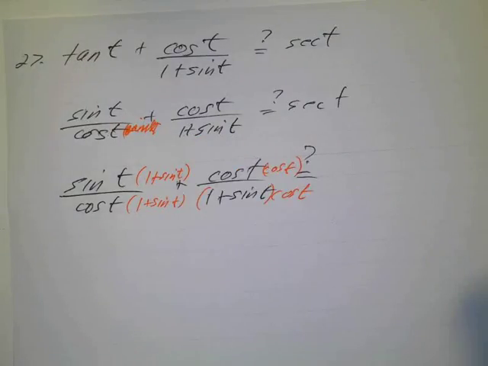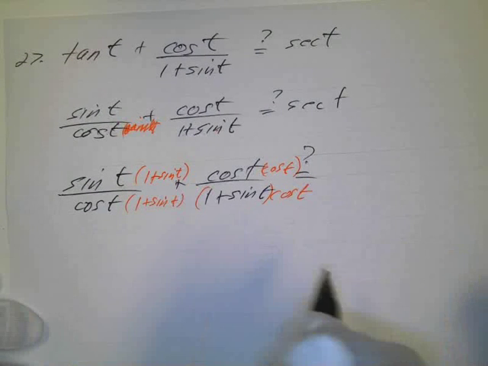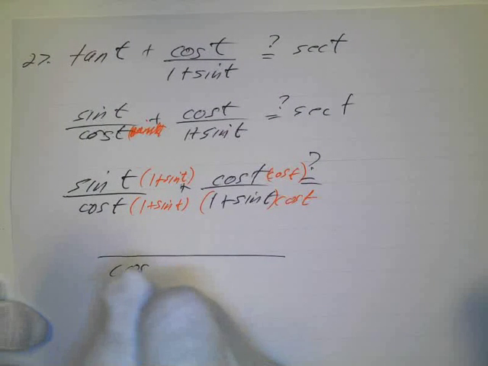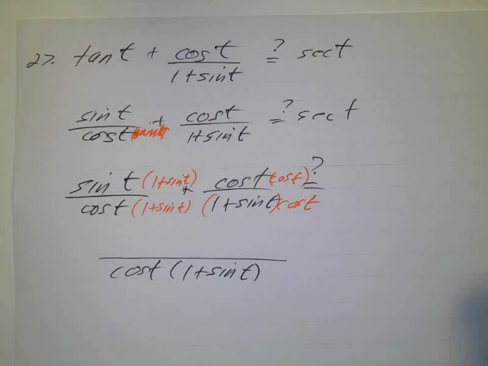Then let's put this all over a common denominator: cosine of t times 1 plus the sine of t.